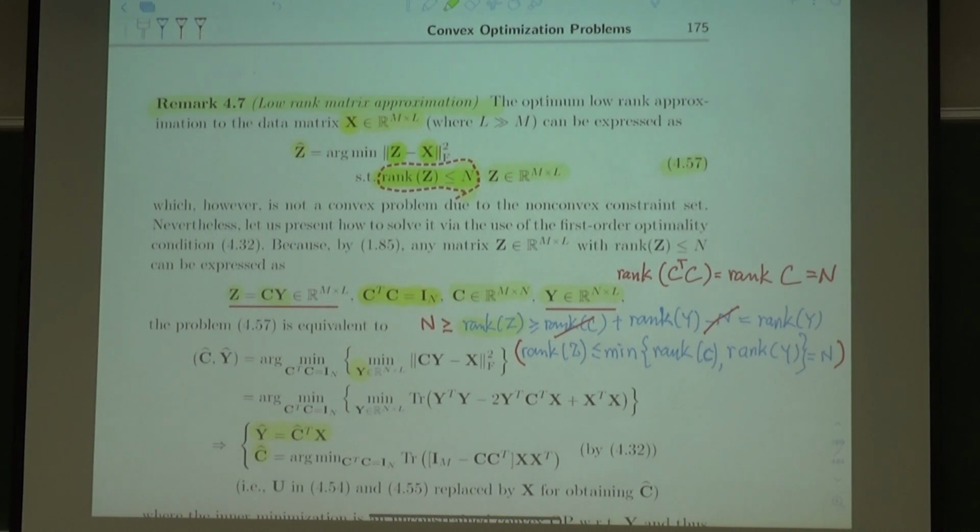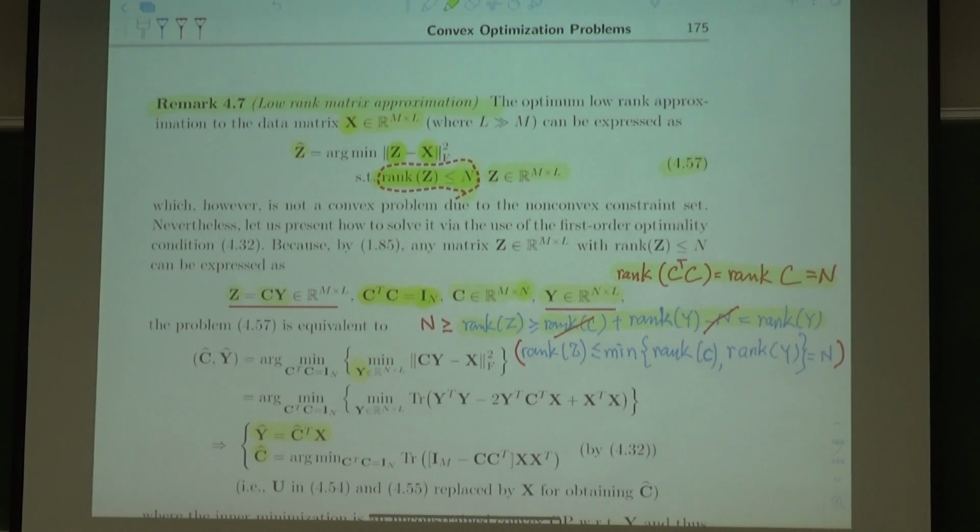By the Sylvester rank inequality, rank Z is at least rank C plus rank Y minus N. But rank C is N. This is chapter 1, linear algebra.